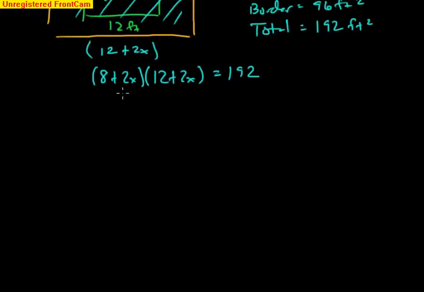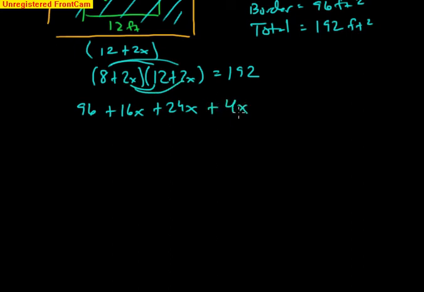Alright, so we need to say equals 0, but before we do that, we have to distribute. Okay, so we do 8 times 12 is 96. 8 times 2x is 16x. 2x times 12 is 24x. 2x times 2x is 4x squared. That equals 192.